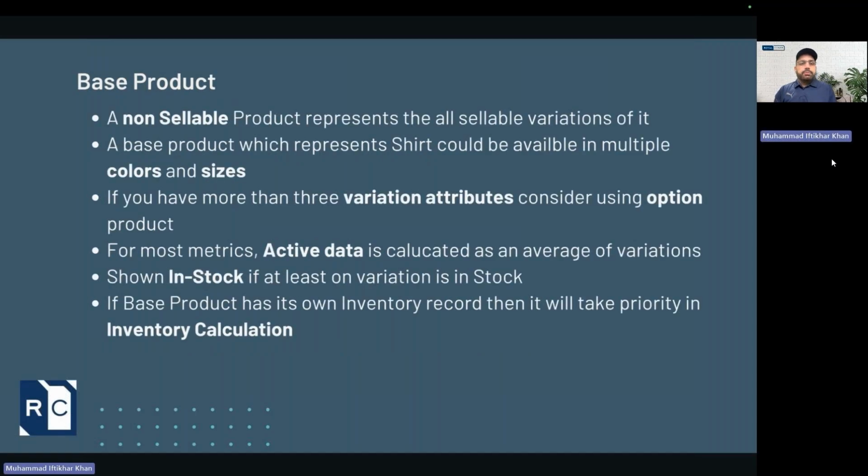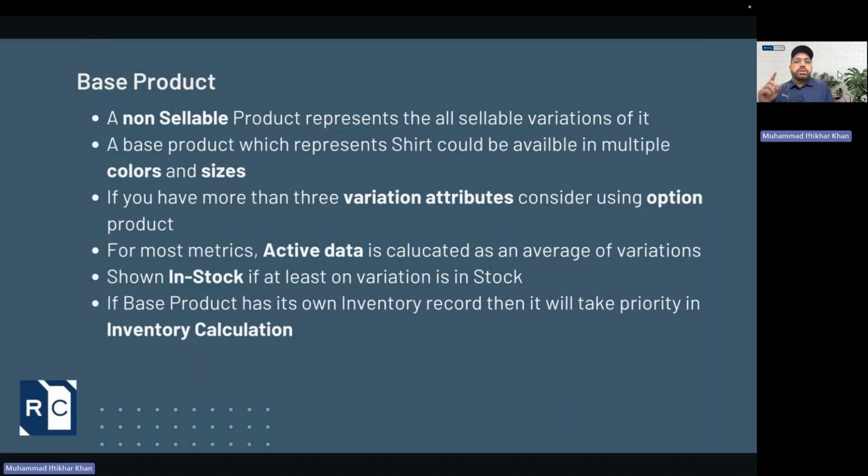And then the base product, a non-sellable product that represents all the sellable variations of its base. A base product which represents shirts could be available in multiple colors and sizes. So let's suppose you have an apparel product like a shirt, and the shirt is available in multiple colors and in multiple sizes. And each combination of color and size will represent a single SKU, right?